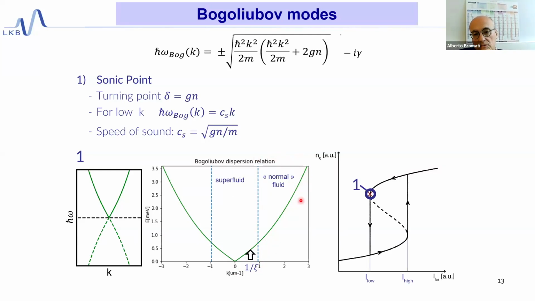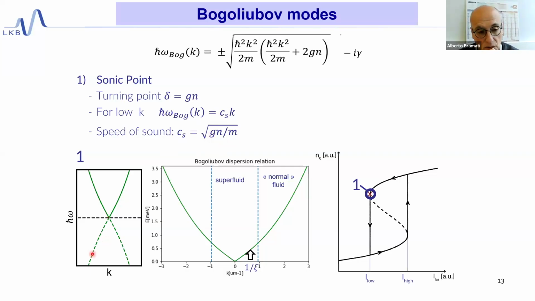In this case we have a normal fluid with no collective excitation behavior. In the linear region, we have superfluid behavior. Of course, the slope in this linear part allows us to extract the value of c_s, which is the speed of sound, proportional to the square root of the polariton density.